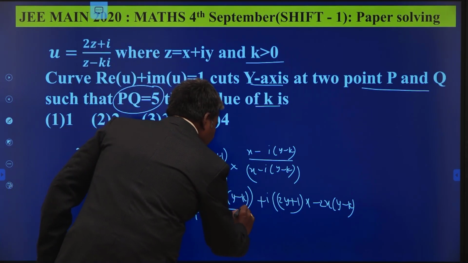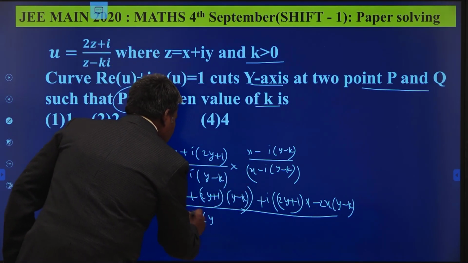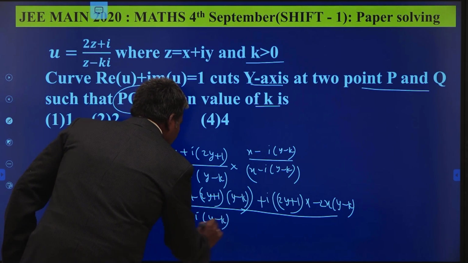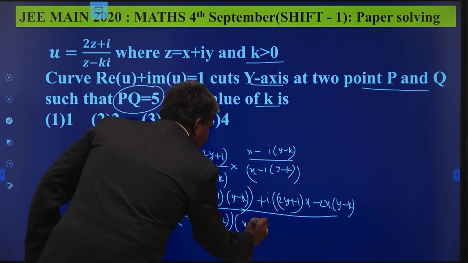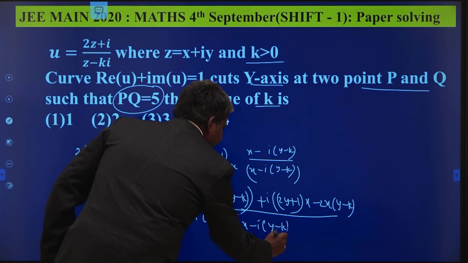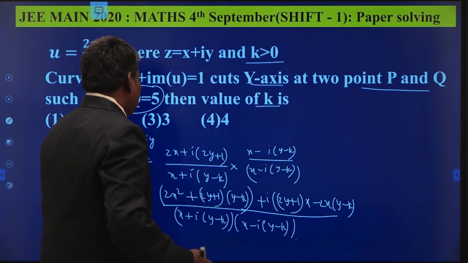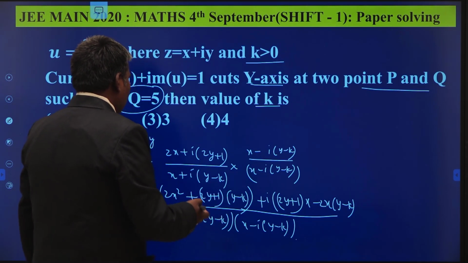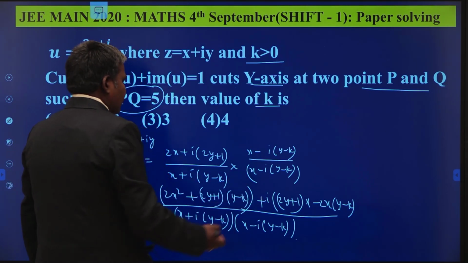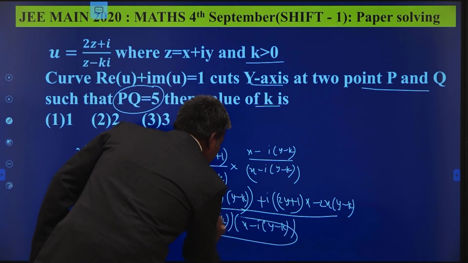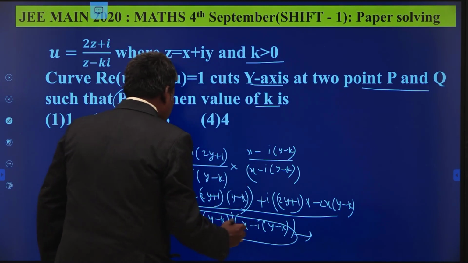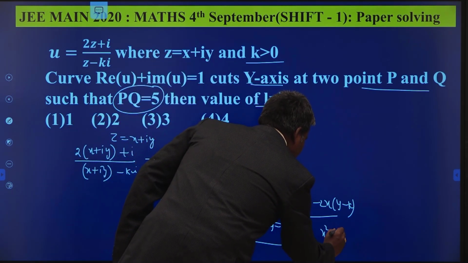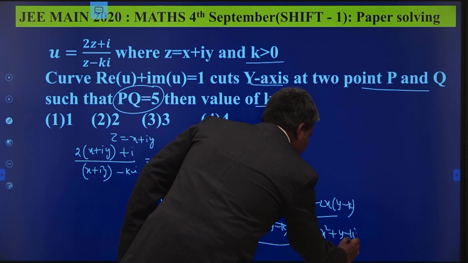It is nothing but (a + b)(a - b) = a² - b², so the denominator becomes x² + (y - k)². The entire thing becomes x² + (y - k)².